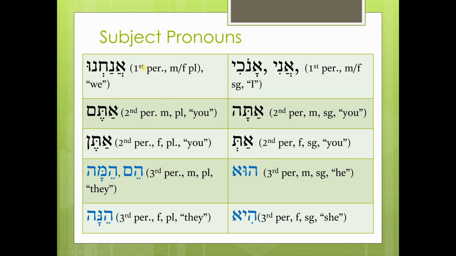Here is a chart, as you can see, of subject pronouns, and we have focused here in the blue area on the third person ones, and so these should look somewhat familiar. But basically the chart, which is also available in your book, this is really something that you should memorize. You should be able to recognize on the spot when you're looking at a pronoun like ani or anochi.